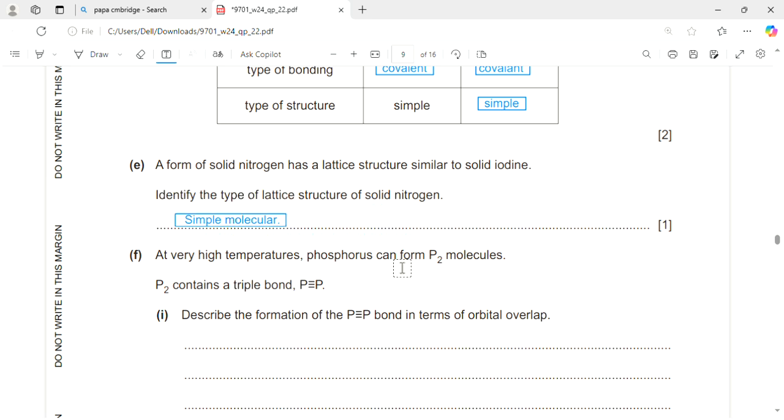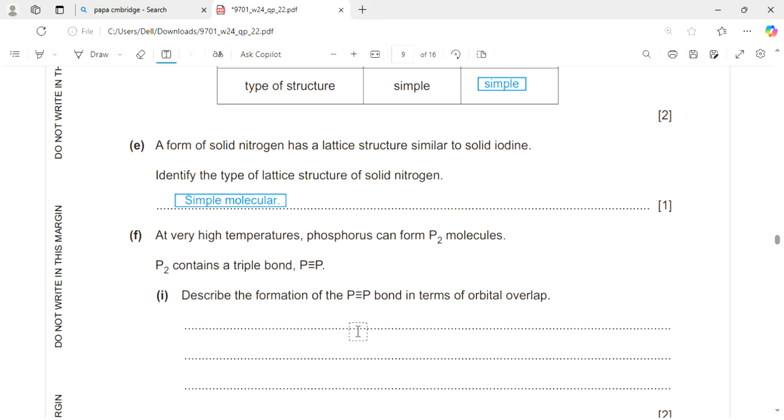At very high temperatures, phosphorus can form P2 molecules. P2 contains a triple bond. Describe the formation of the P triple bond P in terms of orbital overlap.